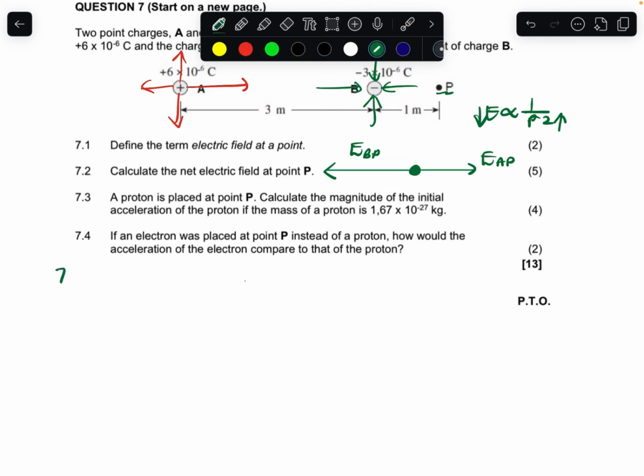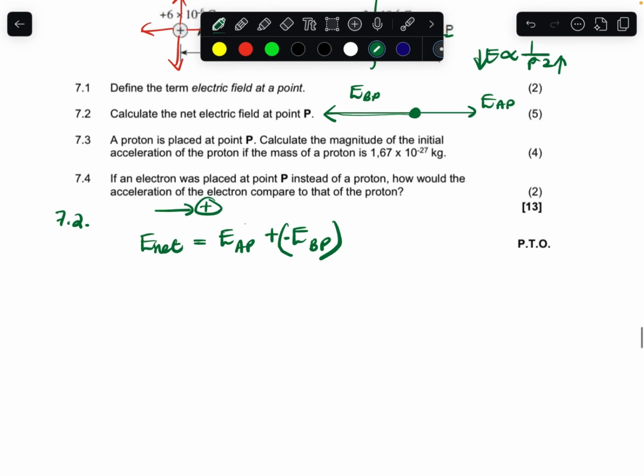Let's calculate in 7.2. So let's choose right as positive. So the net electric field is equal to the electric field of A on P plus the electric field of B on P. The B on P is going in this direction, so it's going to be negative, right?